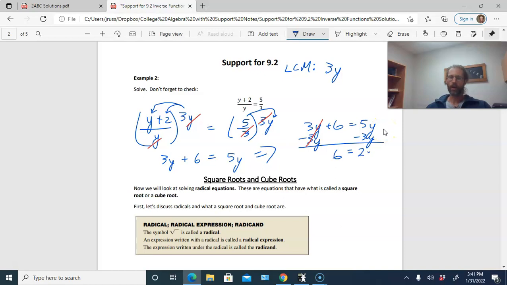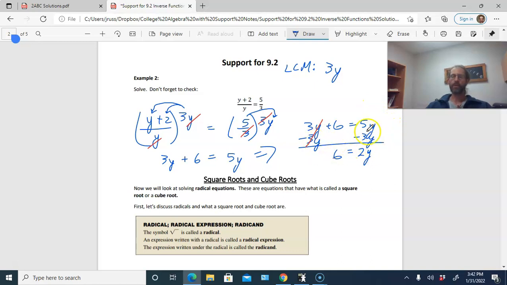Now, guys, you could have subtracted 5y to begin with, but that would have added another step, because you would have had your y term on the left. Your constant term would also be on the left, so then you'd have to turn around and move it back over to the right.